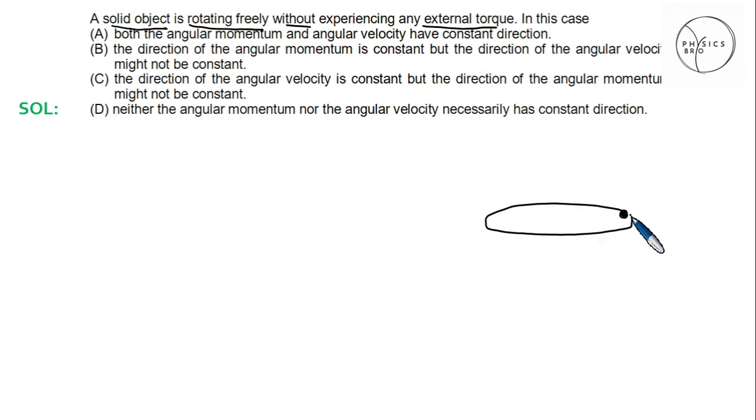If a body rotates, there must be some axis. Around this axis the body is rotating with some angular velocity. The radius is say r. As we are discussing a rotating body, it has some properties, some dynamical variables. I am writing here dynamical variables.